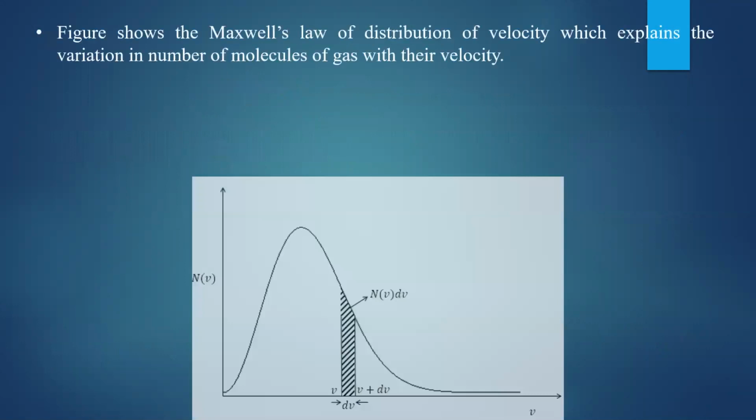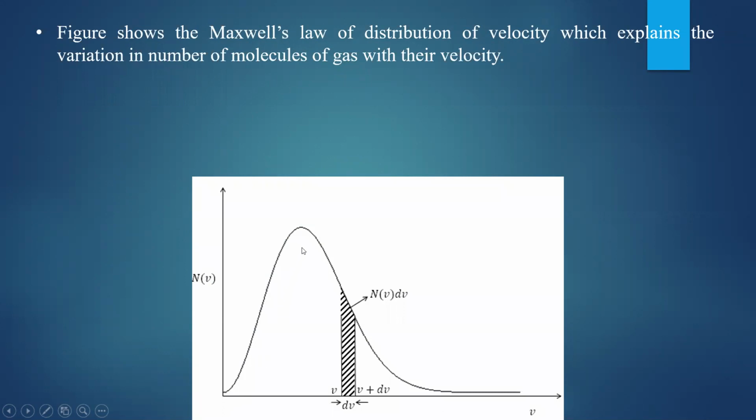So this graph represents the Maxwell distribution curve, which represents the distribution of molecules as a function of velocity. It is a graph of n(v) versus v, number of molecules as a function of the velocity of the molecule.